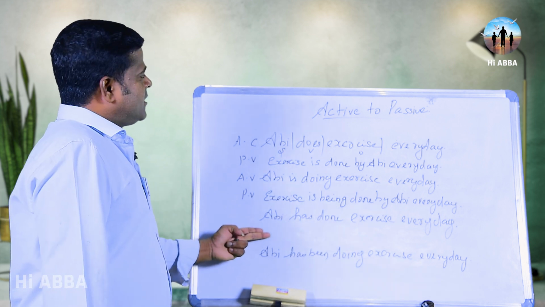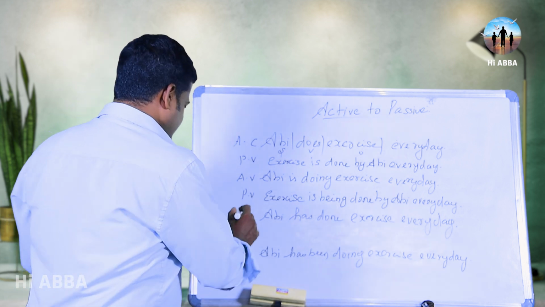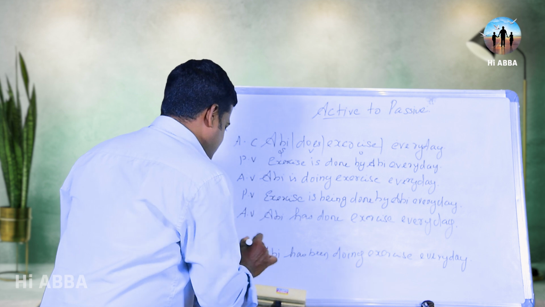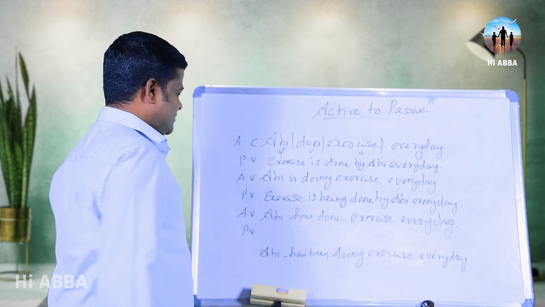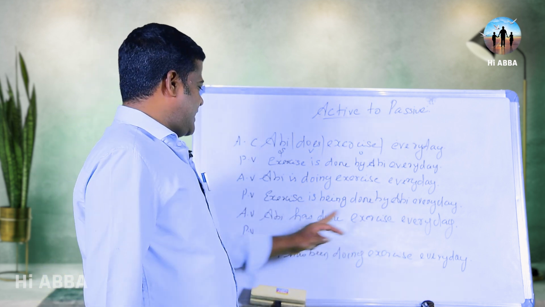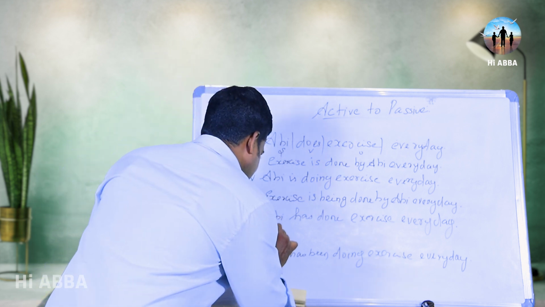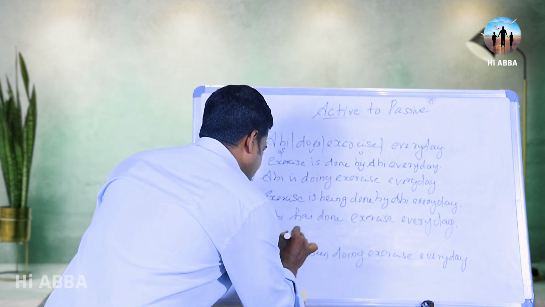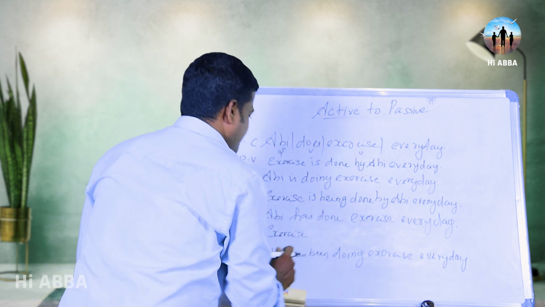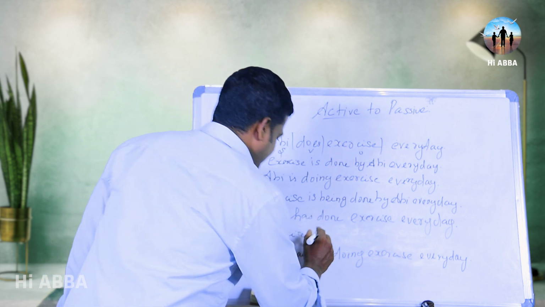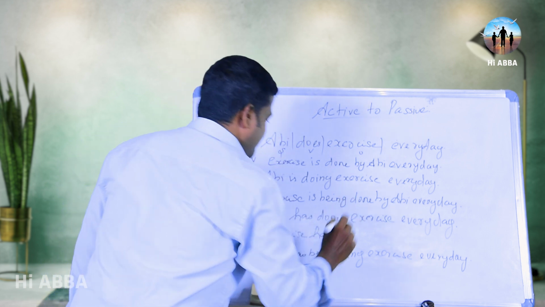Now we'll go for the present perfect tense. Again, this is active voice and this is passive voice. So how is it done? Again, "exercise" comes first as the subject. Now "has" will come again, then an extra be-form verb.